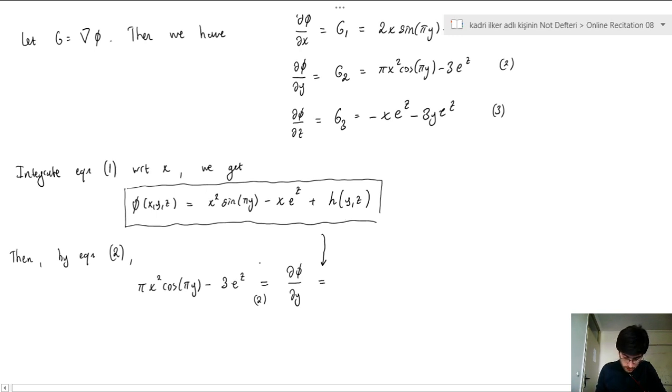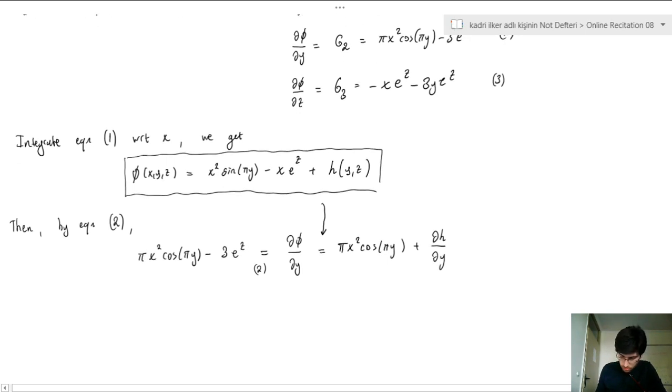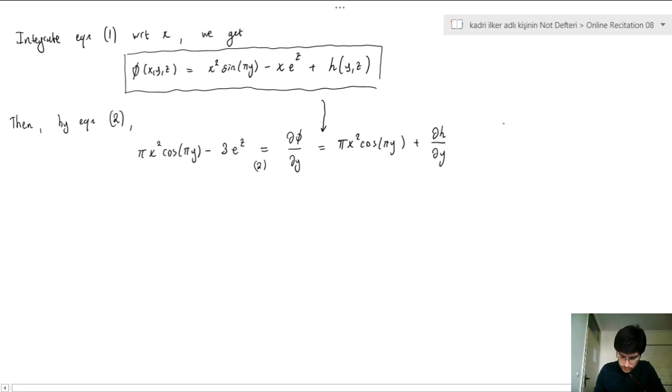If you take the partial derivative with respect to y, you can easily see pi y, and plus del h del y. So what does it tell us? This is for all x, y, remember, for all points. So these cancel out each other, which gives that. Let me directly write. So actually you can integrate. Okay, let me write it down.